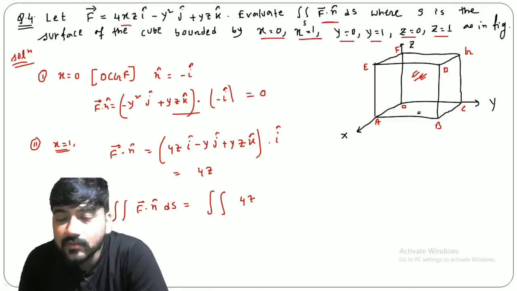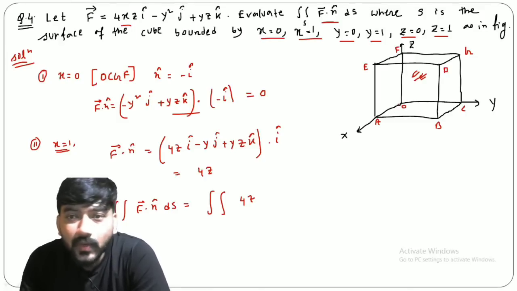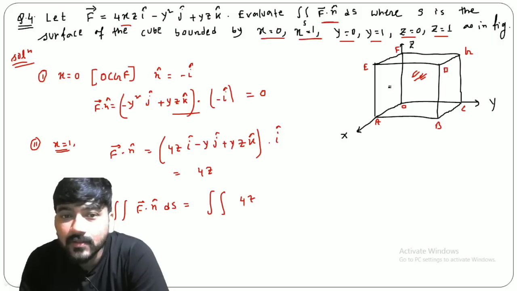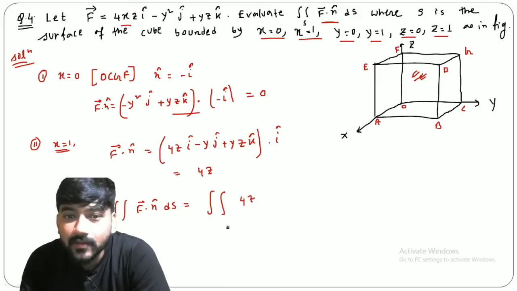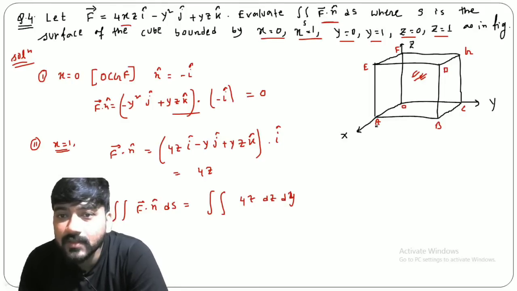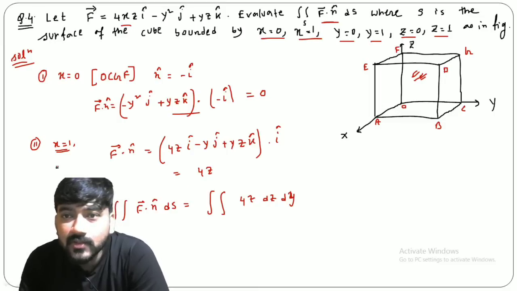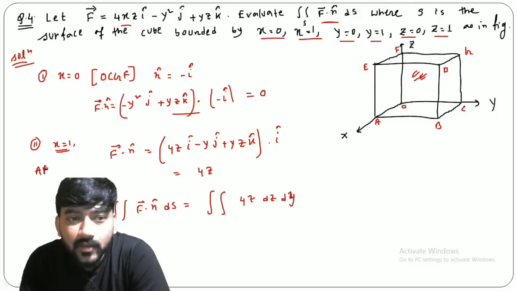Here dS, you can see for x = 1, the surface is this, so it will be dz dy, because the projection will be on the yz plane. Why is it dz dy? Because the surface is here, this surface ABDE.